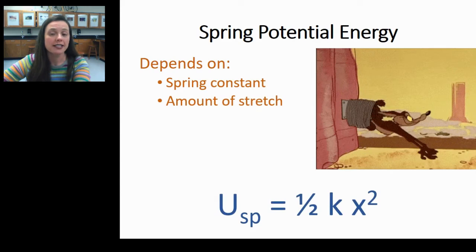The equation that relates these variables is shown here. Since it is a potential energy, we again use the capital letter U. The subscript SP stands for spring, and the spring energy is equal to 1/2 kx squared. k is our spring constant, and x is the amount that our object has been stretched or compressed.